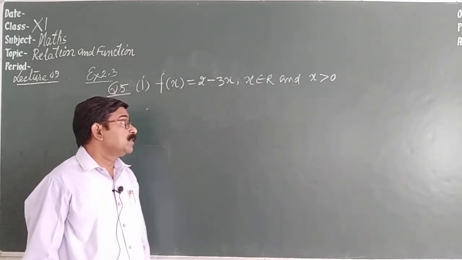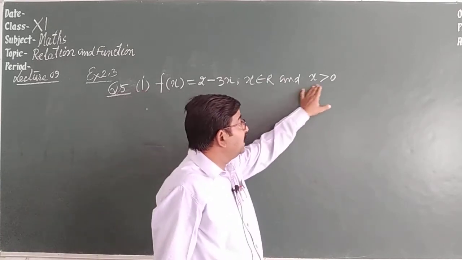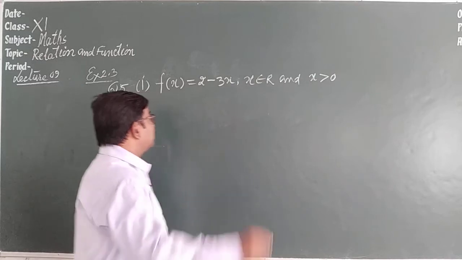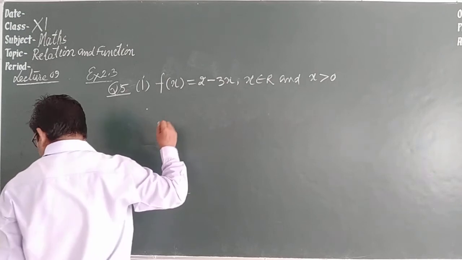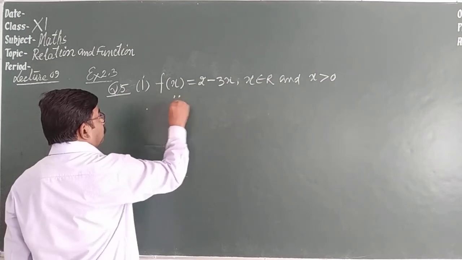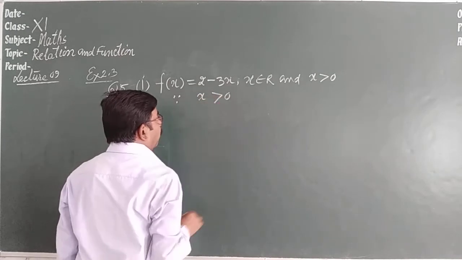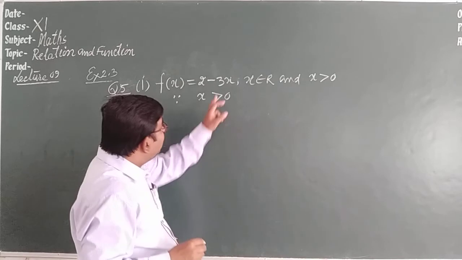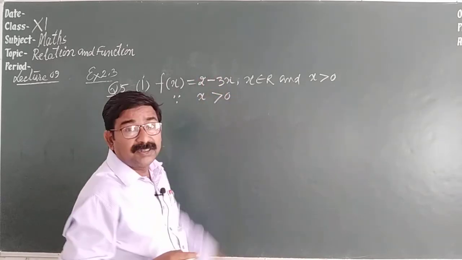Got it? So how do we find the range of a function? We are given that x is more than 0. Since x is more than 0, we have to create this function.